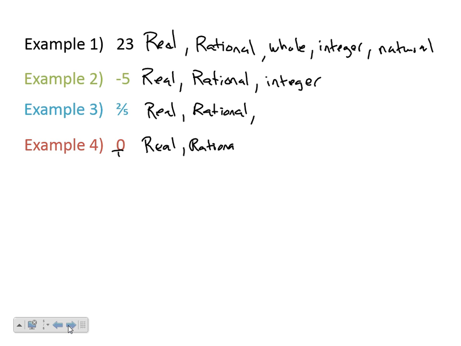Is it whole? It is whole. Is it an integer? Yes. And everybody says, but it's neither positive nor negative. But it is included in the wholes, which means all wholes are integers as well. Do you count by 0? Is it natural? No, we don't start with 0.